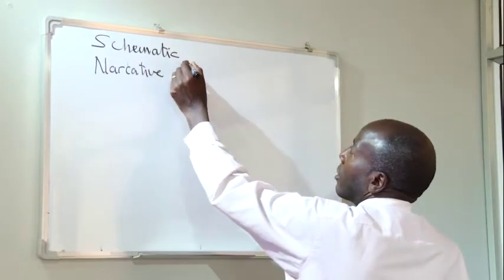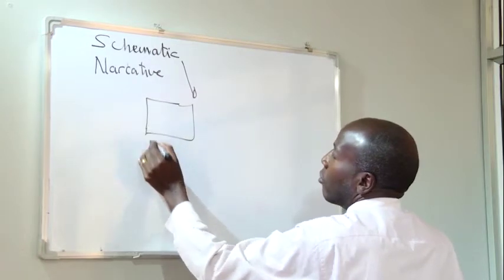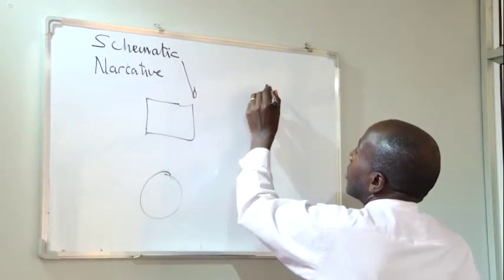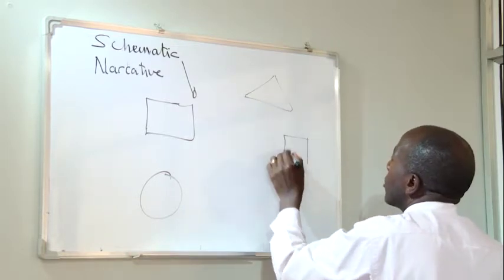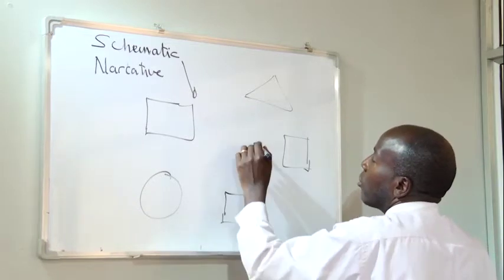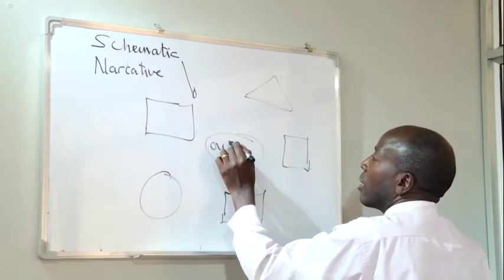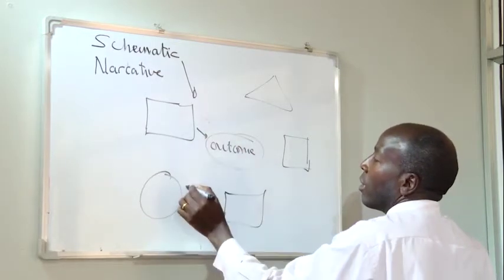Now, the schematic is where you have groups of factors organized in different diagrams, and then all these are related to the outcome. It is a schema, okay?